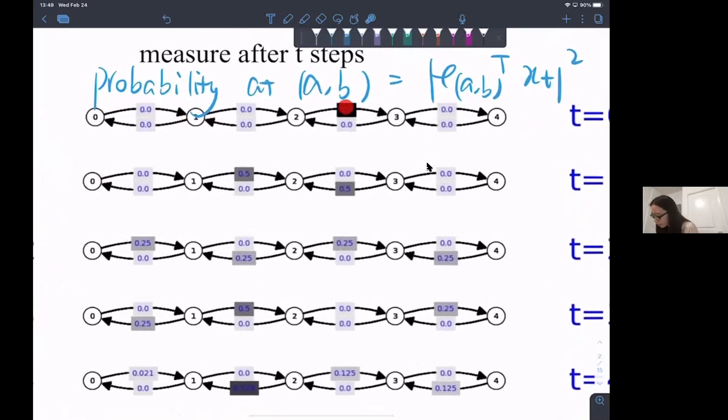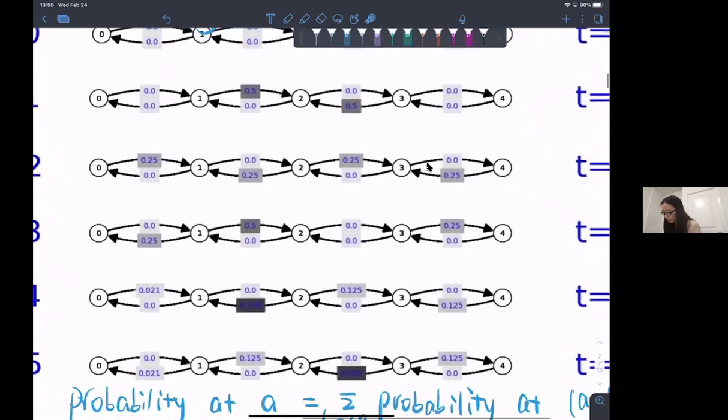The walker starts with this, so you will see a very dark circle here. After one step, you're going to find him in both arcs with equal chance. Then you spread out to these 4 arcs. Later you will see he goes back to this and maybe this arc with a very high probability, and then he moves to 3, 2. That is the probability distribution over the arcs at each step.